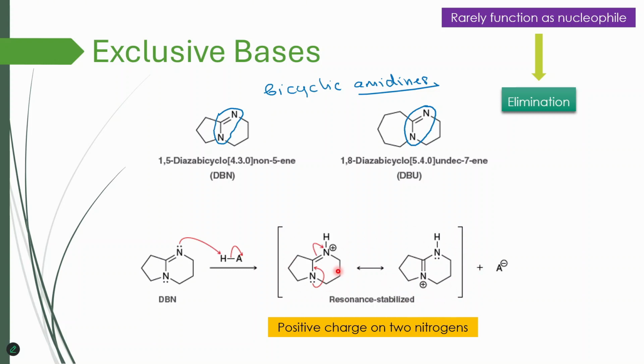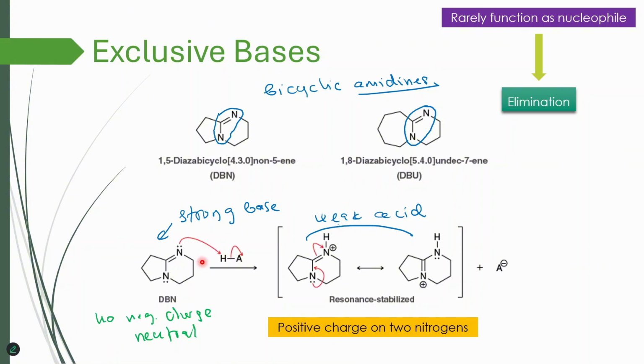Because these are weak acids, that makes the original base quite a strong base. So even though they are neutral, you don't have any negative charge here, right? No negative charge, so they are neutral. You expect them to not be very strong bases, but because their conjugate acid is weak because of high stabilization, that makes this actually a strong base.